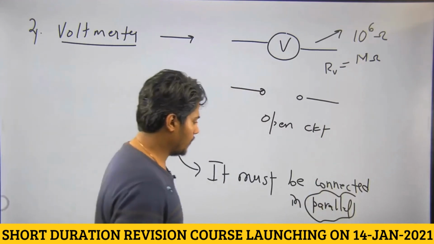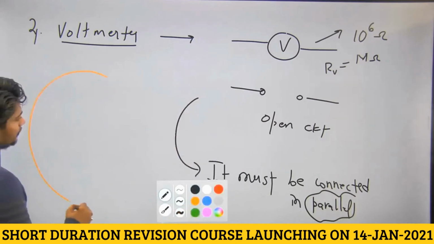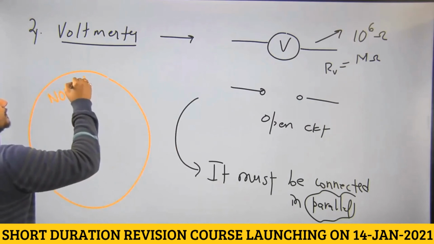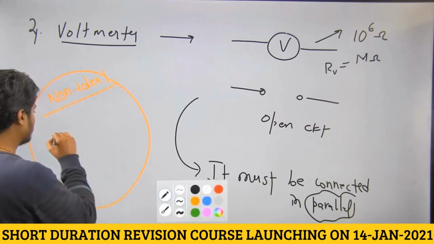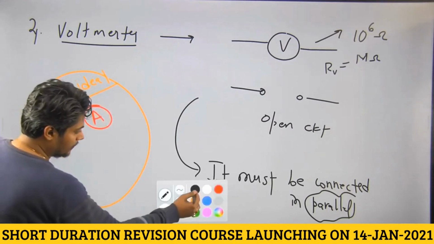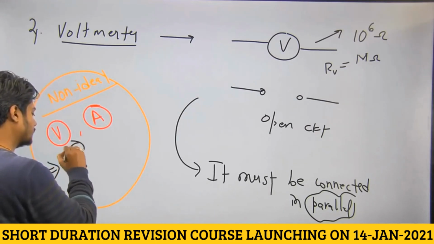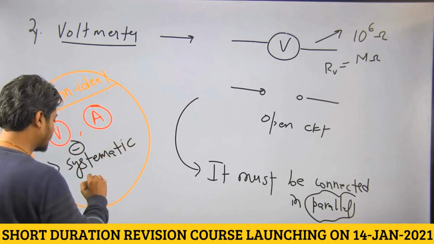So, now before closing, let me give you one more important point. If we have non-ideal voltmeters and ammeters, then we always get a systematic negative error.